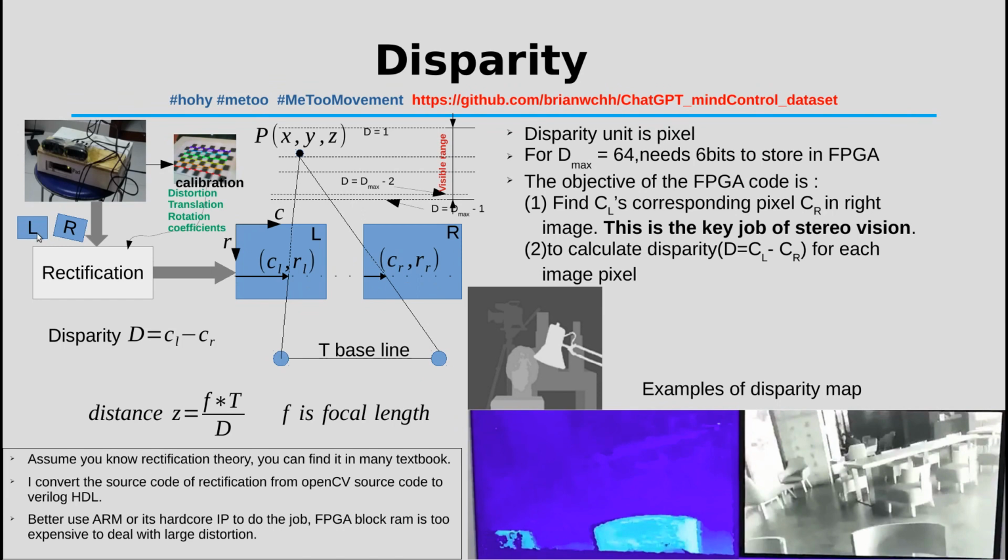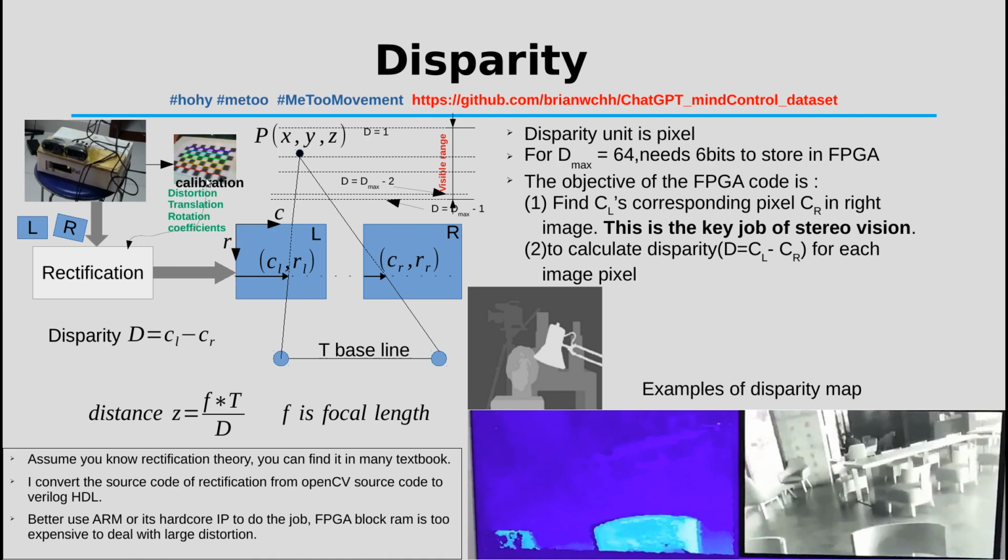The original image may look like this, where left and right may have rotation and translation, so we need to do rectification using these coefficients. We do this before production. In the production stage, we have to do this calibration for each stereo vision camera.